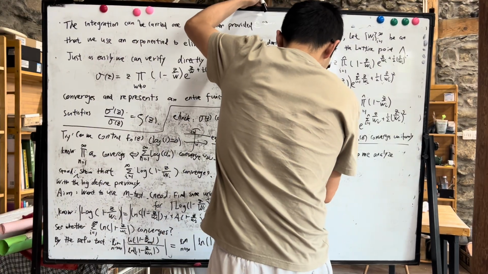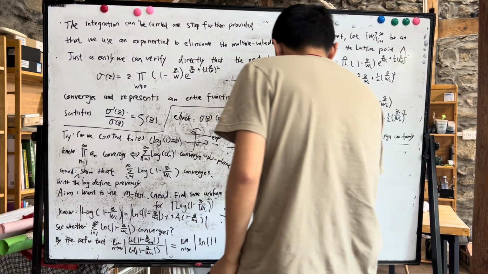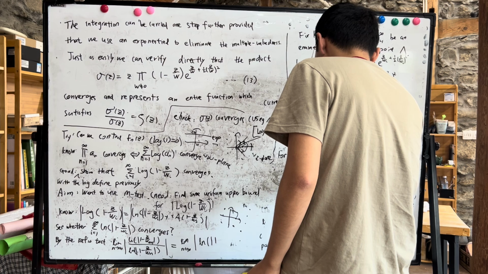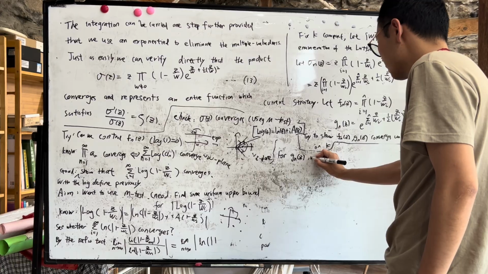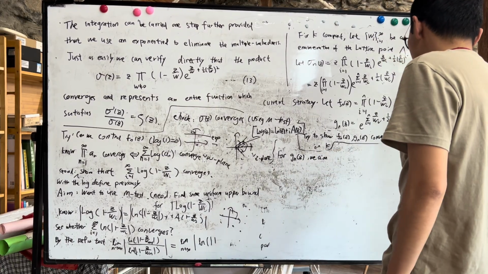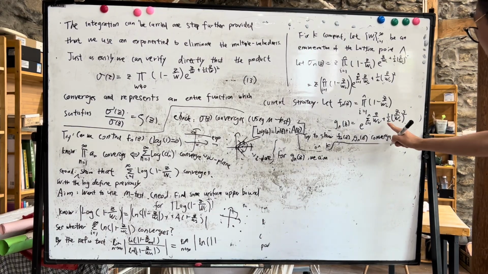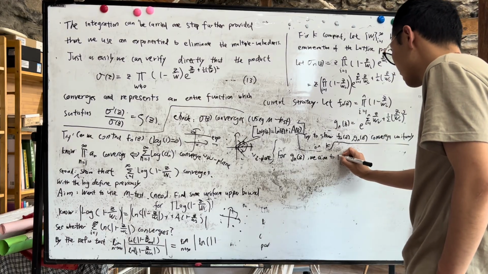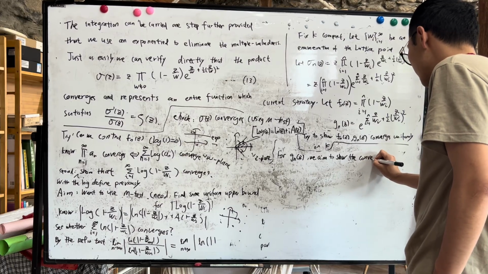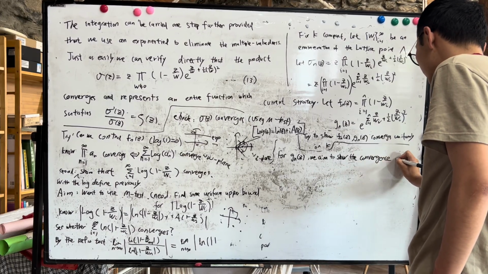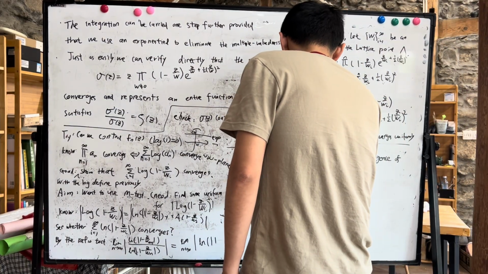Okay, let's state our strategy here. For g_n(z), we aim to show the convergence of the sum.